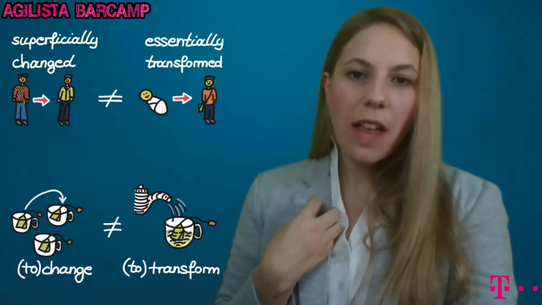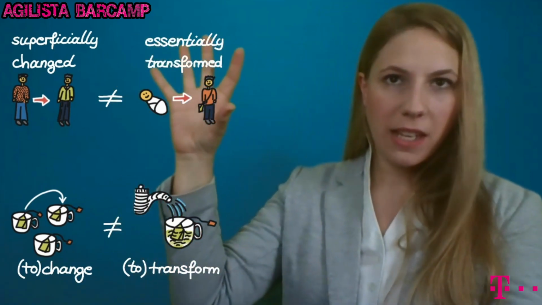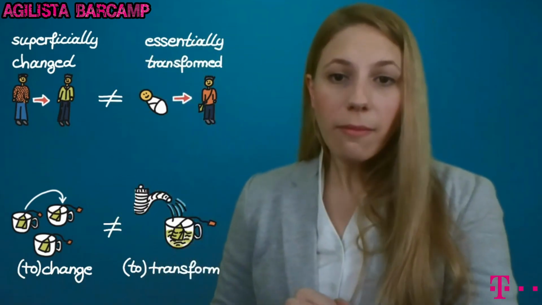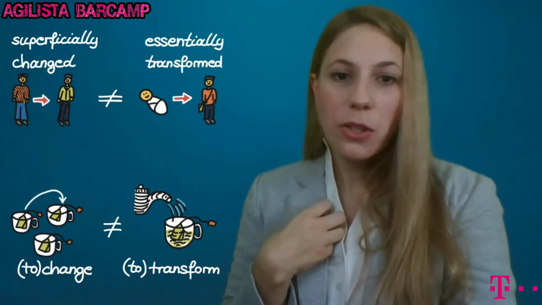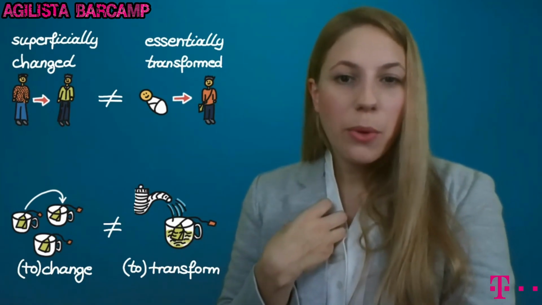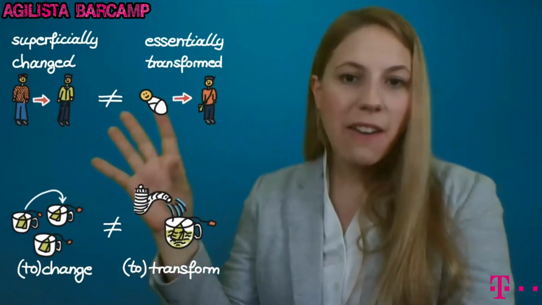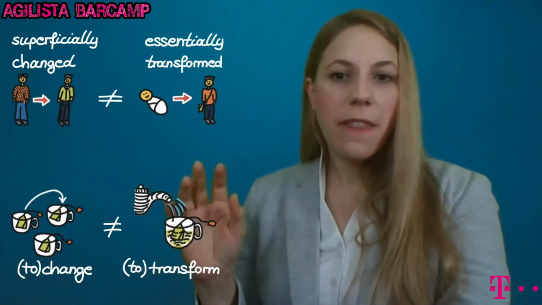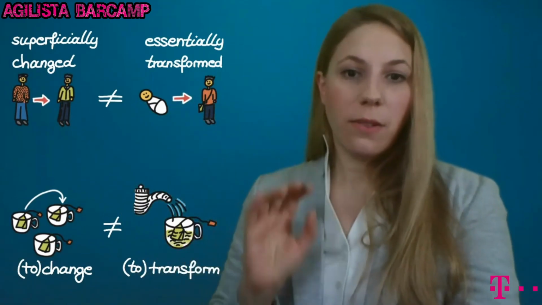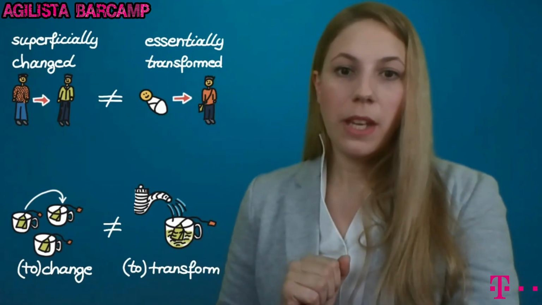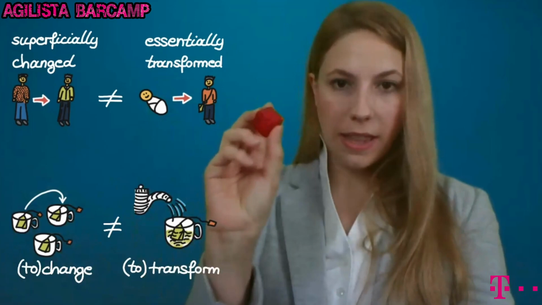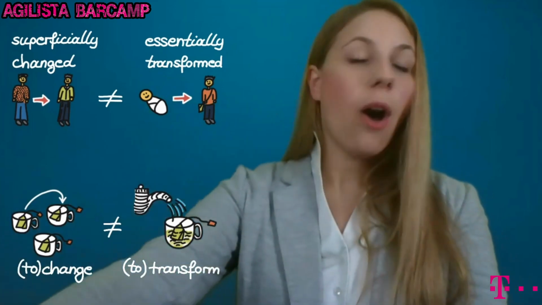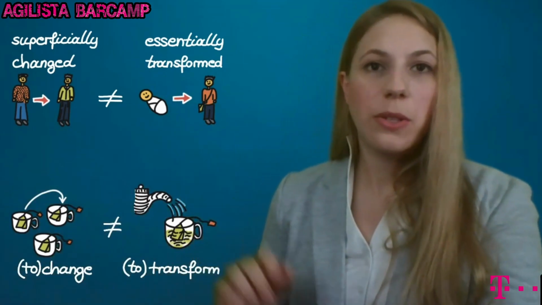And when I change at the core, when I develop from a child to an adult, when I go through the different phases of life and develop further, then that is really a transformation. So we can also compare this to the bouillon cube, or to a tea bag.